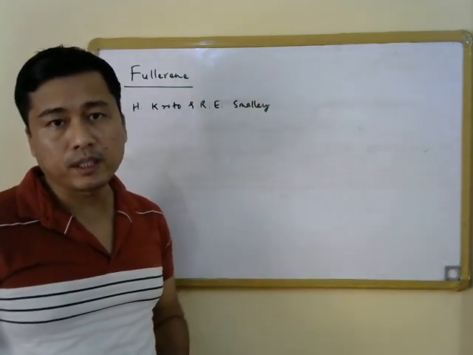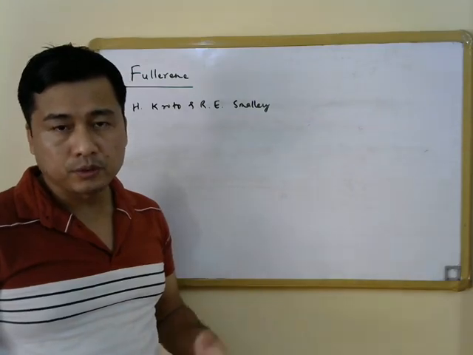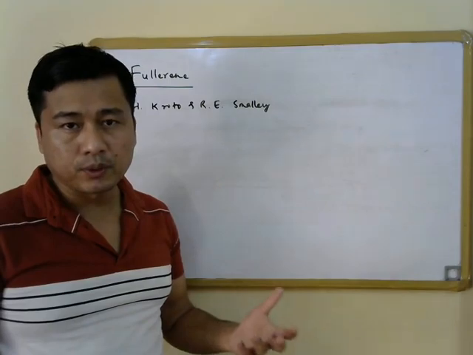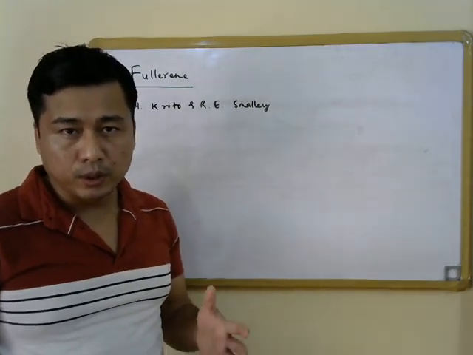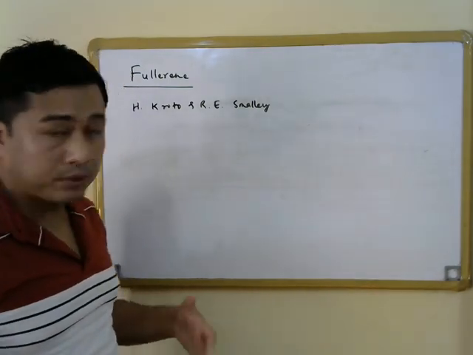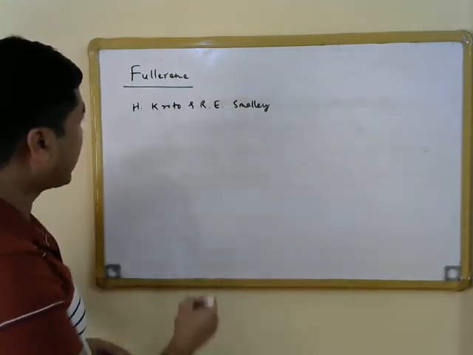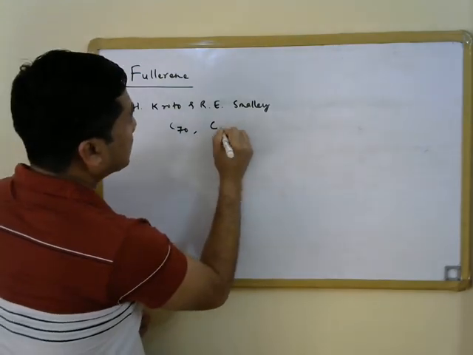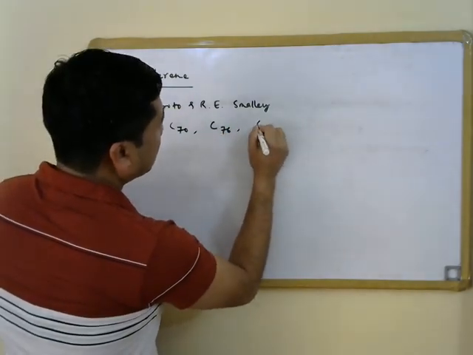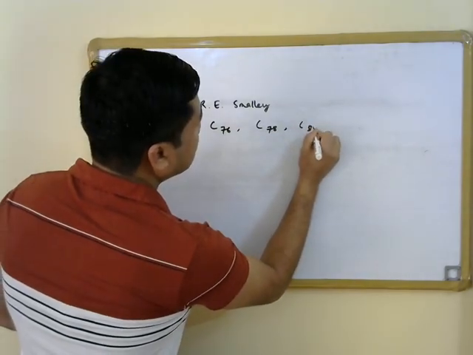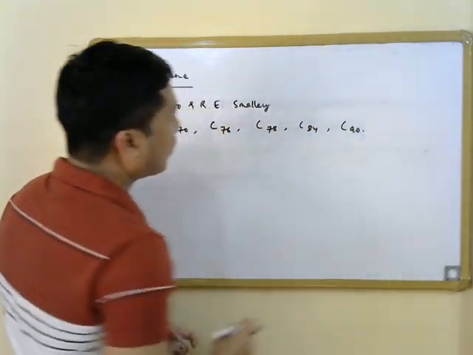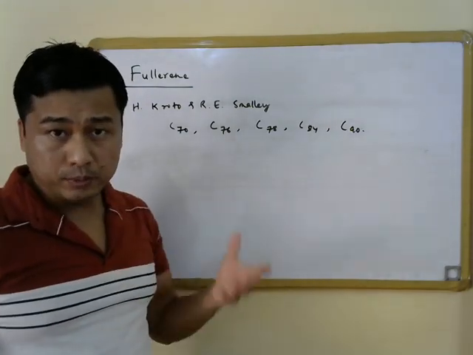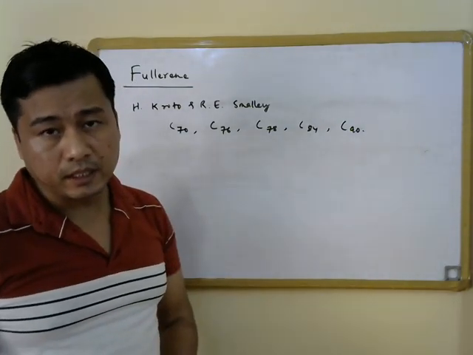One can purify these different fullerenes by chromatography to obtain them in purified form. The different types of fullerenes that have been prepared and characterized apart from C60 are C70, C76, as well as C78, C84, C90. All these fullerene molecules have been isolated in pure form, as well as characterized.